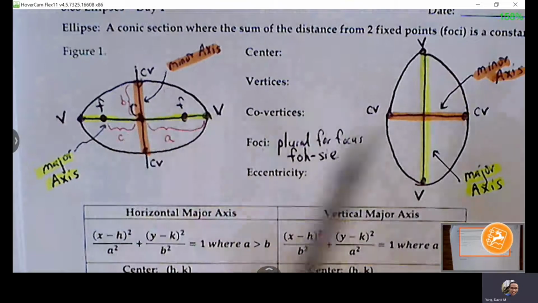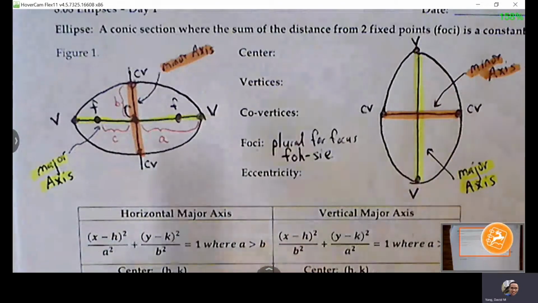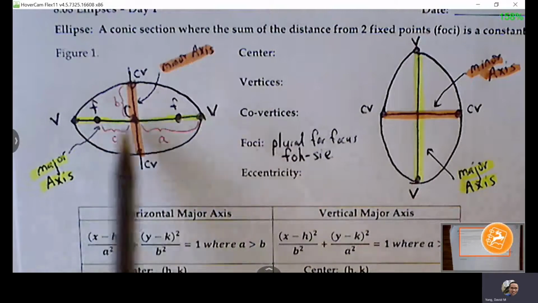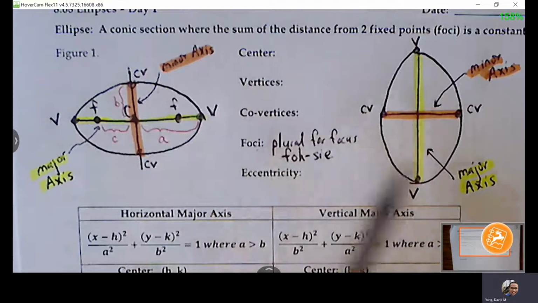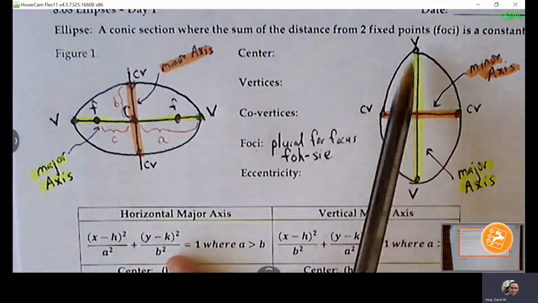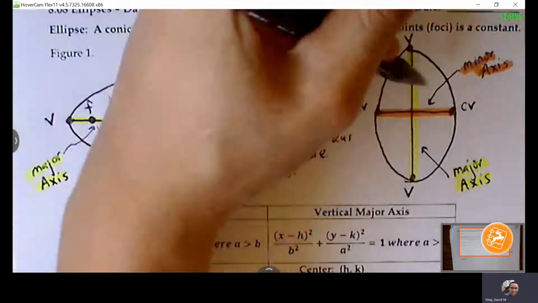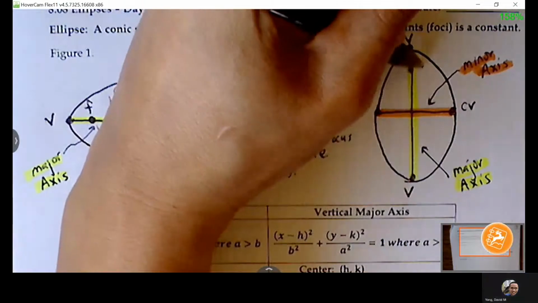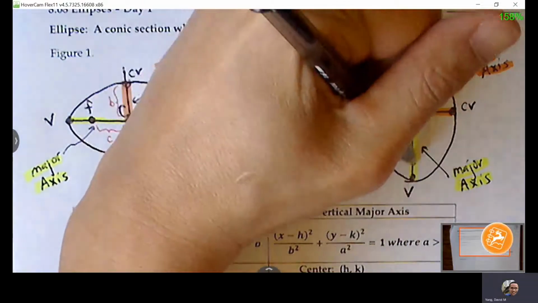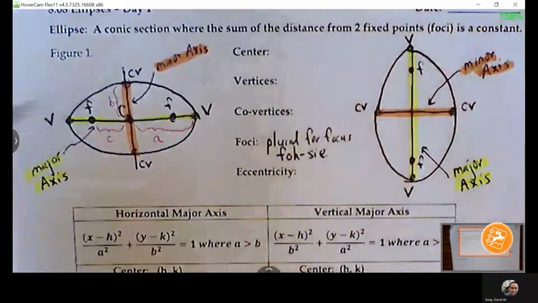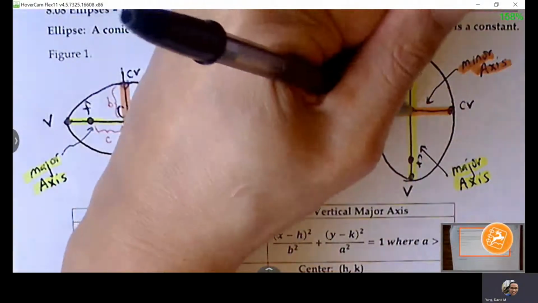Your focus is always going to be along the major axis. So here the focus is along the horizontal because the longer axis is horizontal. But now, because our major axis is along the vertical, our focus is going to be along the major axis. And then the center is here.